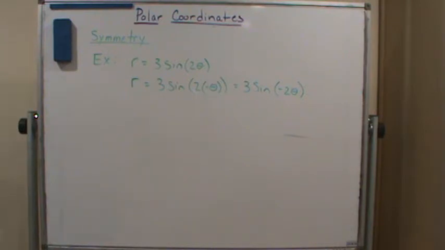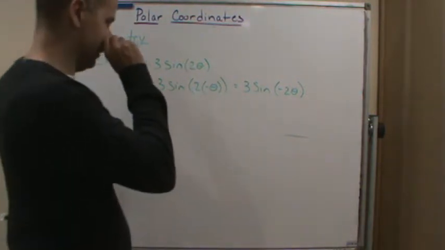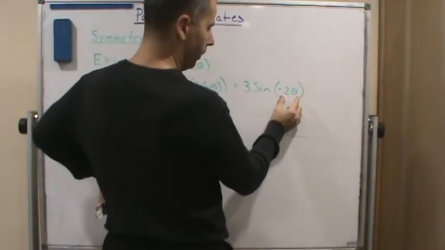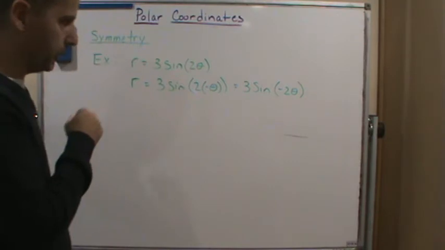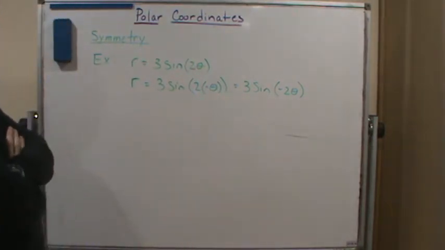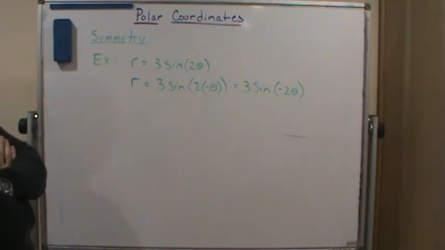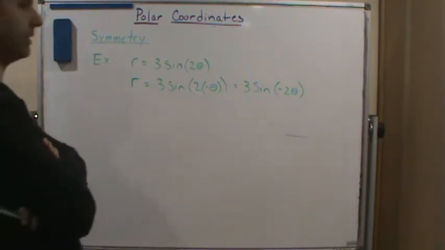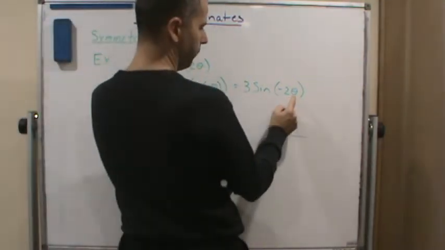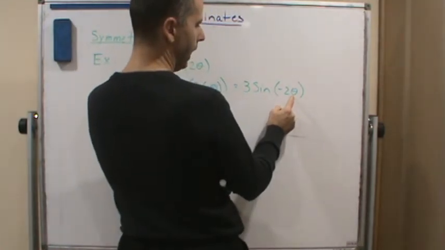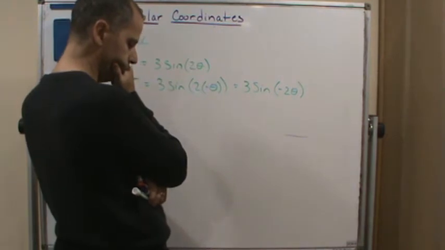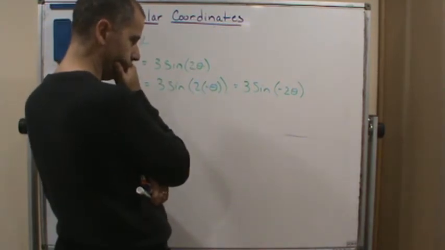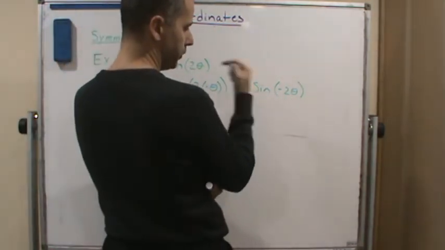So, if we look at this, what happens with sine? Well, what happens when we take the negative of the angle and we have a sine function? Okay, so let's say pi over 2.